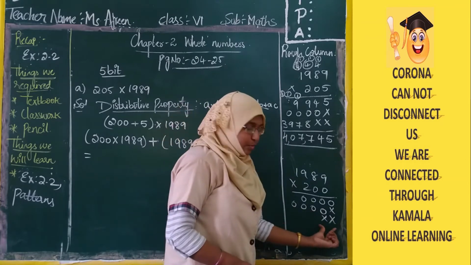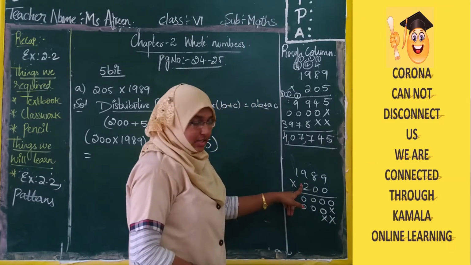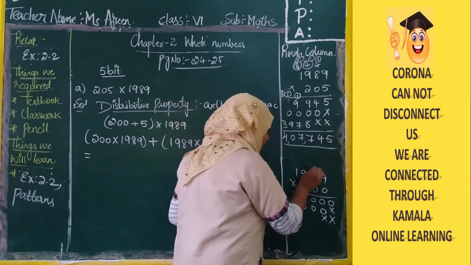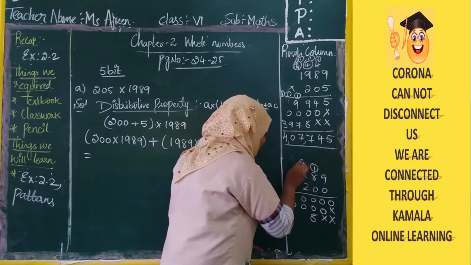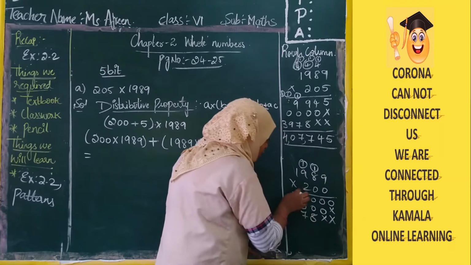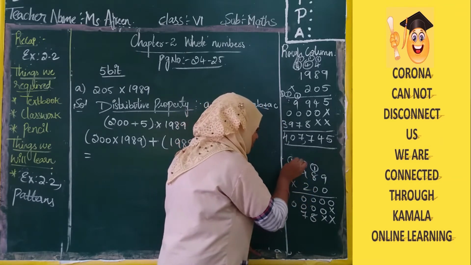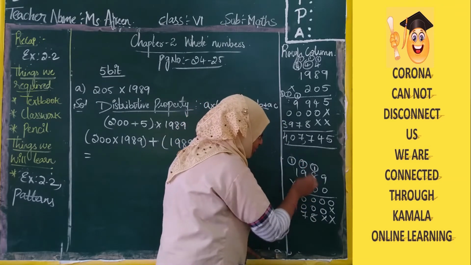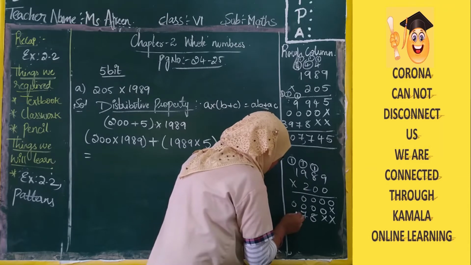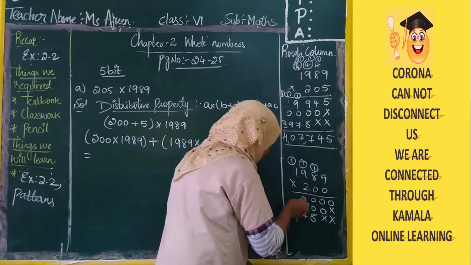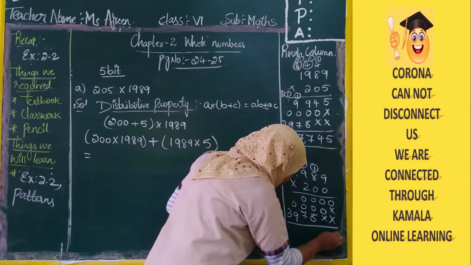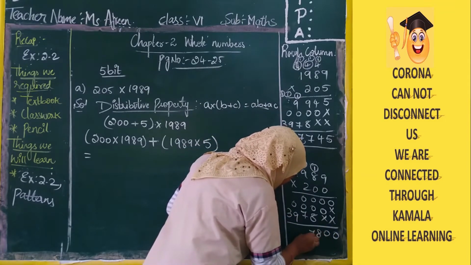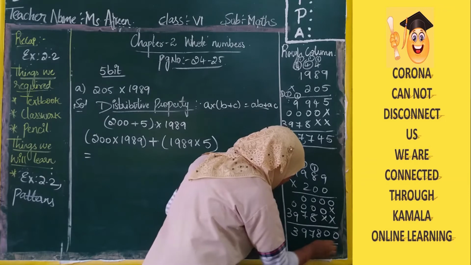Crossing 2 places because we are starting with the hundreds place. 2 nines are 18, 1 carry, 8 jump. 2 eights are 16 plus 1, 17. 2 nines are 18 plus 1, 19. 2 ones are 2 plus 1 is 3. That is 0, 0, 8, 7, 9, 3.